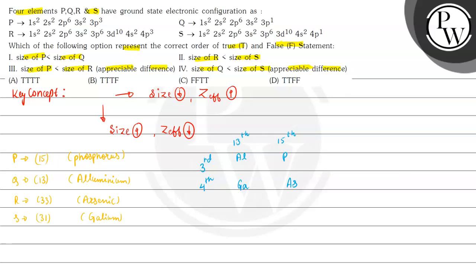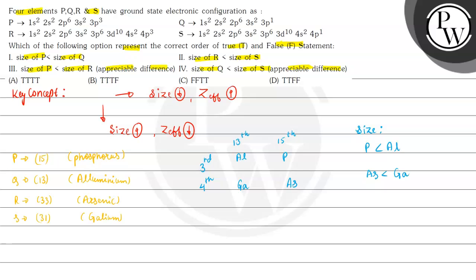As we have discussed, along a period size decreases and along a group size increases. That means size of phosphorus is less than size of aluminium, and size of arsenic is also less than gallium.